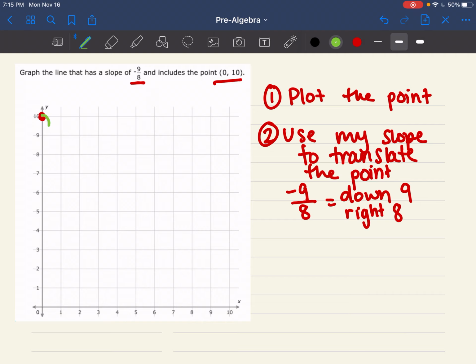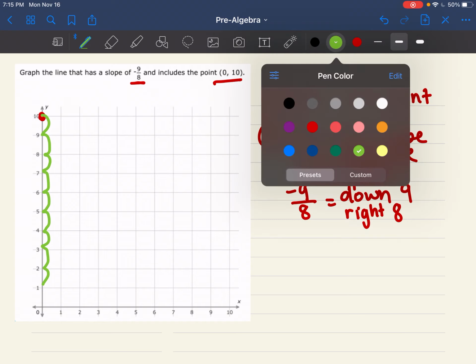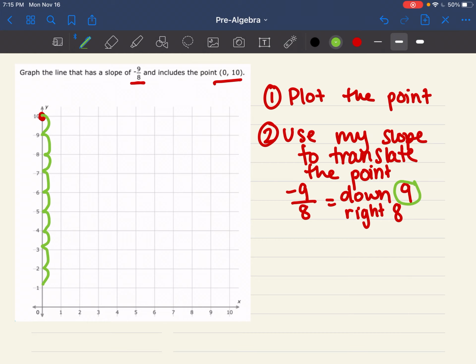So I'm going to count 1, 2, 3, 4, 5, 6, 7, 8, 9. And then I'm going to go to the right 8. So I'll put a square over this so you see that. I'm going to change my color. I'm going to go to the right 8. 1, 2, 3, 4, 5, 6, 7, 8. My new point is right there at 8, 1.